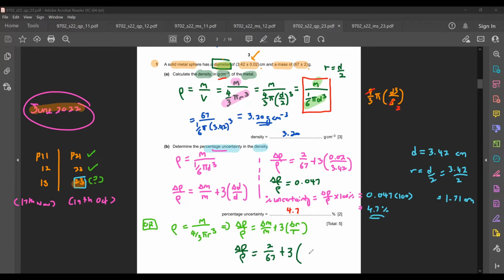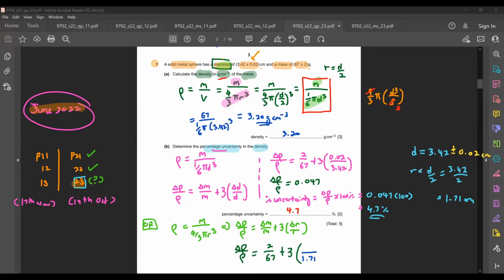You put here 1.71, but the thing that most people will make a mistake on is the uncertainty in the radius later on. They saw that the diameter was 3.42 centimeter plus minus 0.02 centimeter.